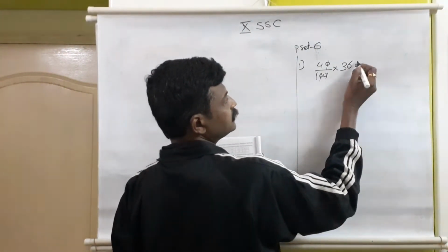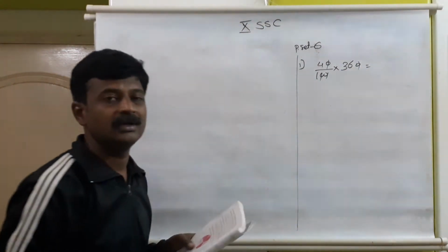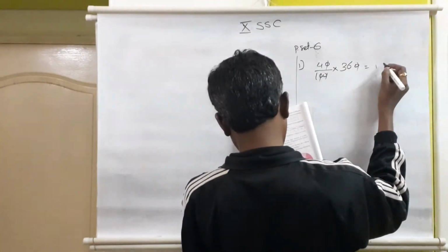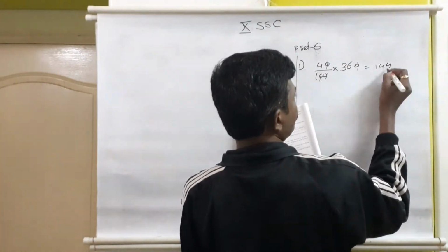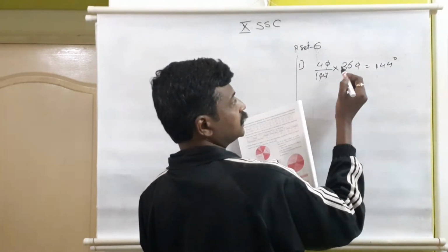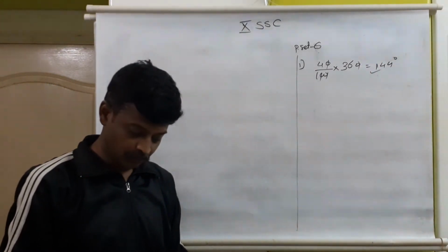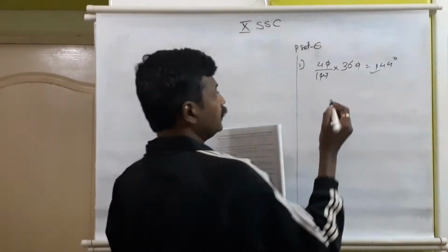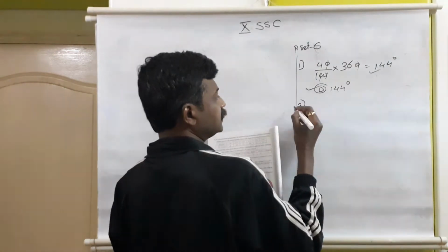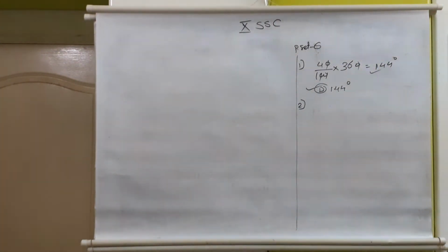Zero gets cancelled, second zero gets cancelled. 36 into 4 will be our required answer. 36 into 4: 4 6s are 24, so 4 carry 2, 4 3s are 12 plus 2, so 144. The option is option D, 144 degrees, the correct answer for miscellaneous problem set 6.